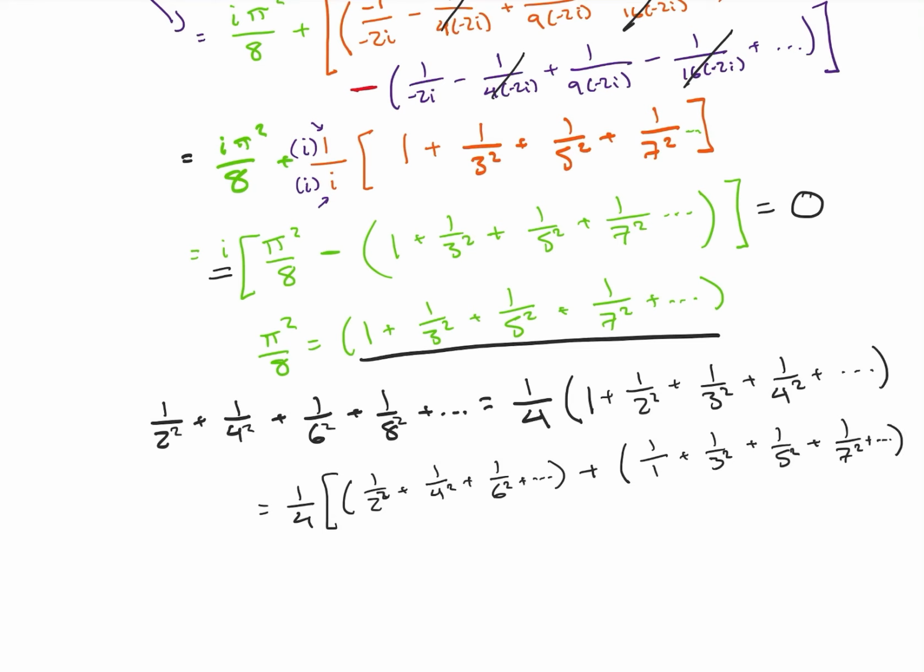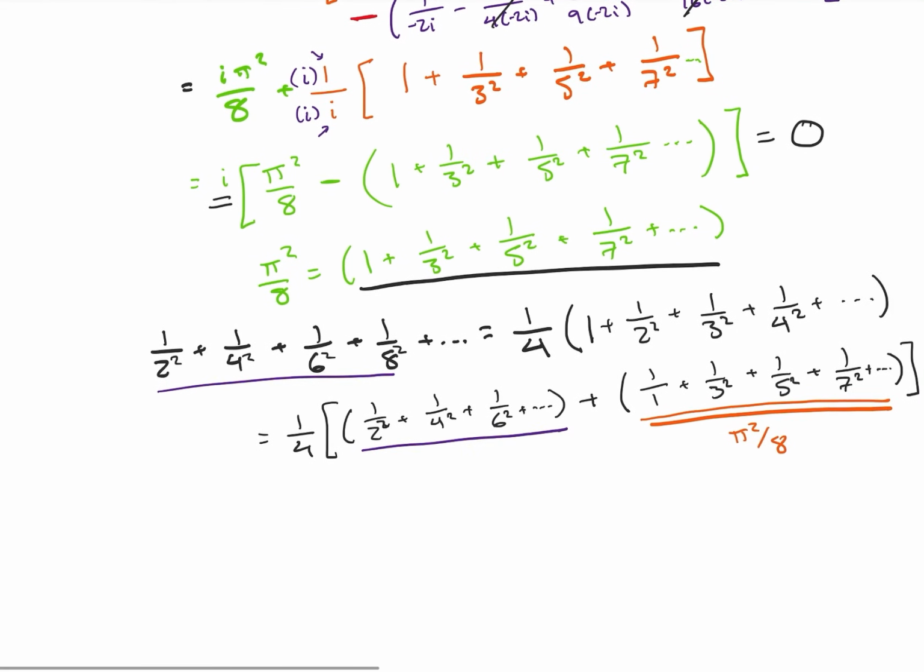So now what is useful here? I might give you a second to see if you realize what's jumping out. So now I have this guy, which I know is pi squared over 8. And then I also have this guy and this guy. So those are the same guy.